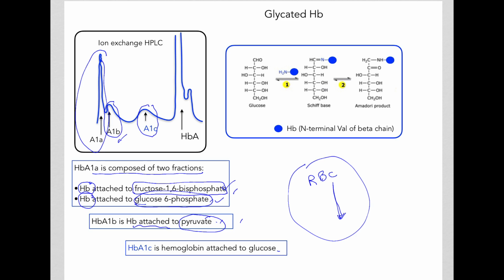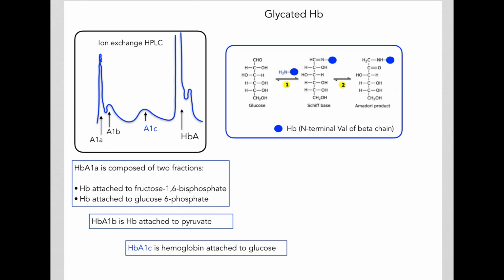And all of these carbohydrates can react with the hemoglobin to give you glycated hemoglobins. So this is what the A1c test measures, this band here. And one of the best ways to measure this is by using ion exchange HPLC.